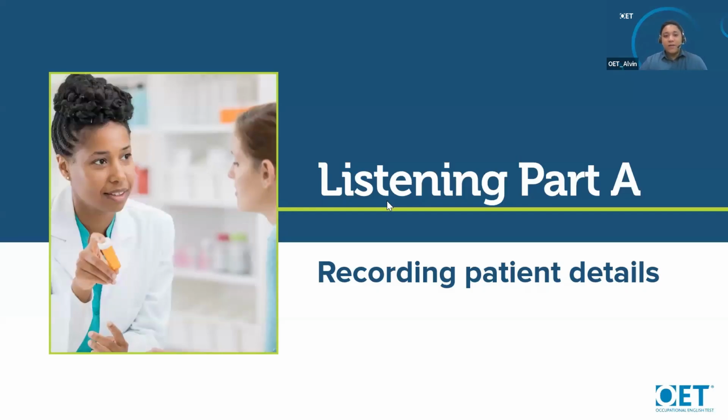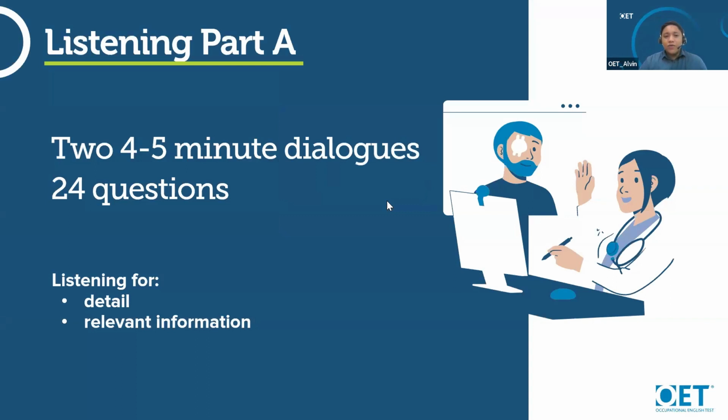Okay. So for listening part A, it's about recording patient details. And for listening part A, there are two 4 to 5 minute dialogues and there are 24 questions. The focus of listening part A are the following. Number one, listening for detail.